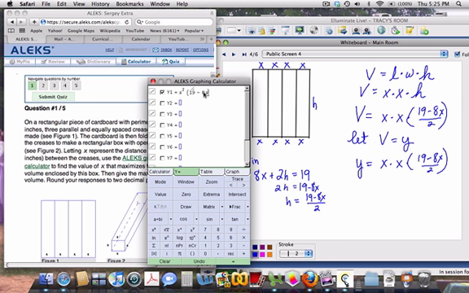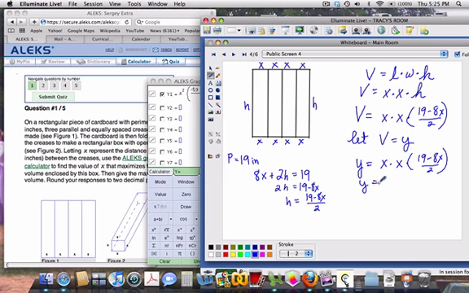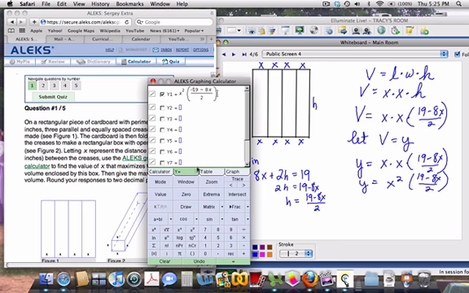You could just highlight the 19 minus 8x and divide all of that by 2, close parenthesis. Okay, so now that's our formula, right? Because x times x is x squared. So that's the same thing I just did here. Okay, so we've got that on there.